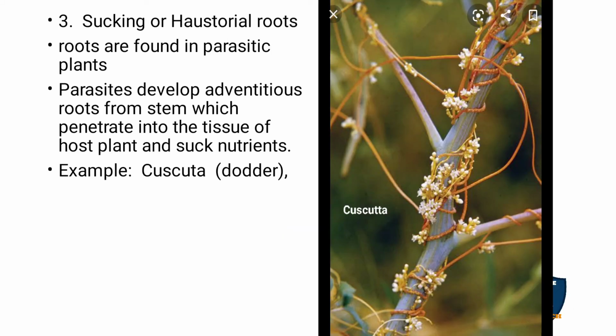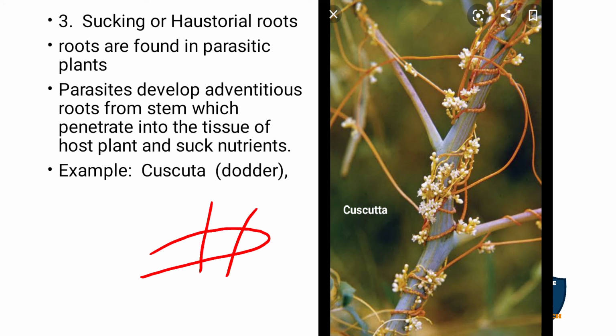Sucking or haustorial roots. They are parasitic roots, seen in parasitic plants. The plant produces the root and it puts in an injection. Think this is the stem of another plant and now the Cuscuta is surrounding the stem.